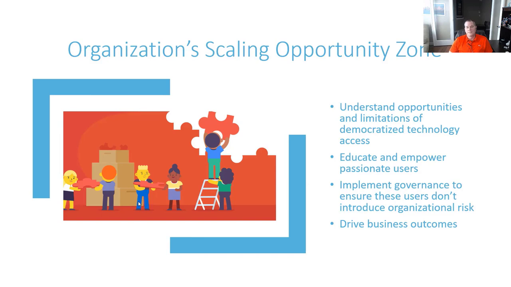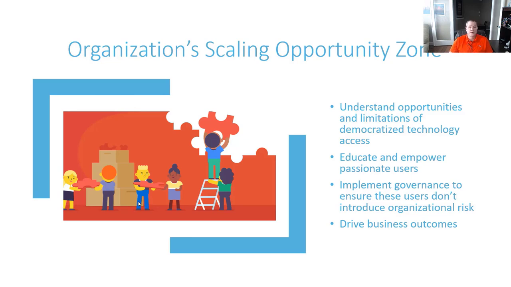So these are some tips that I suggest: understand the opportunities and limitations of democratized technology. Not everyone's going to love it. Not everyone's going to adopt it. But for the ones that do, you can see some amazing results. And that's why it's important to educate and empower those passionate users that have a curiosity and want to go ahead and solve their own problems.